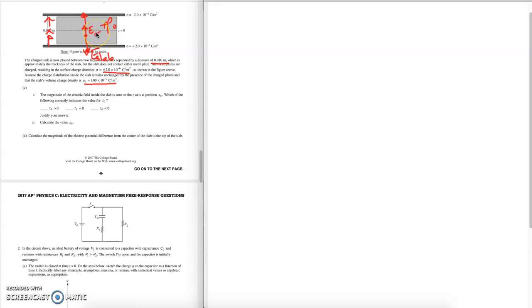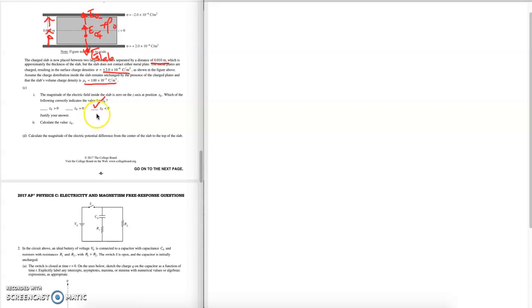Let's call this sigma plus, and this guy is going to be E from sigma minus. And at some point, all of these electric fields are going to cancel out, which is an indication that Z0 is below the middle here. It's towards the positive plate.